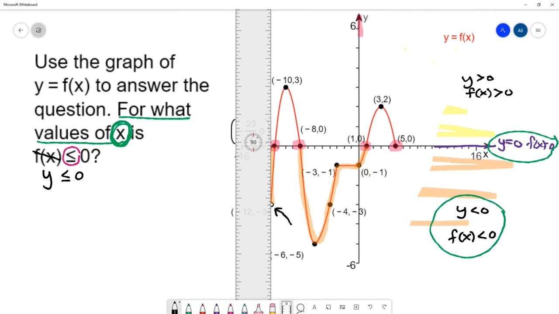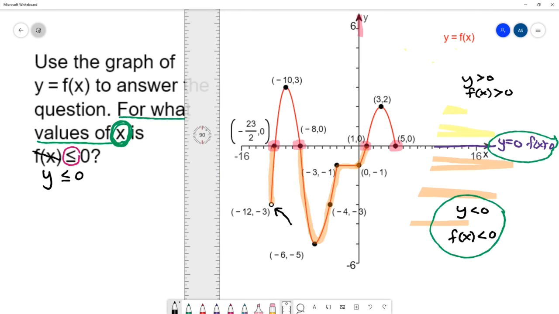So we're going to use the x value of that point. -12, that's where my x's start. Now you'll notice that that point is an open circle. So I want to use a parenthesis on that.